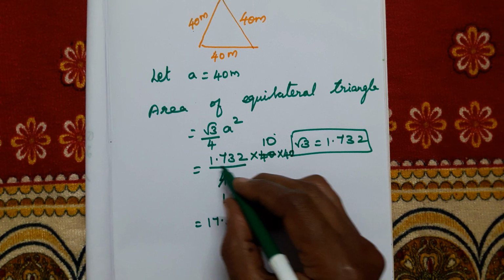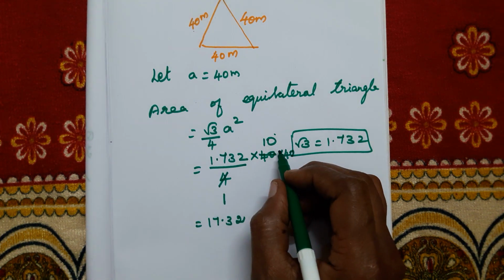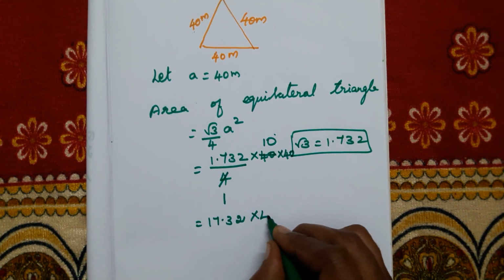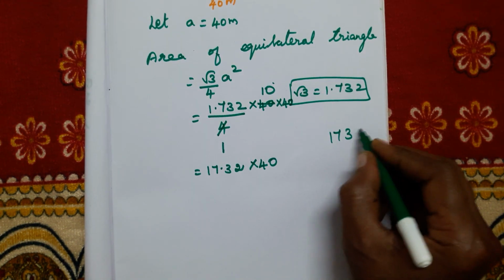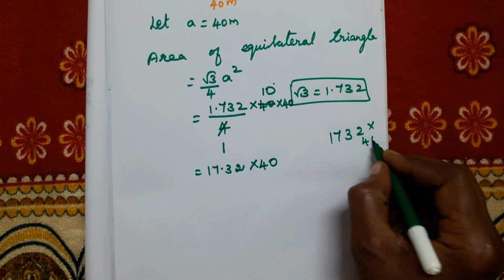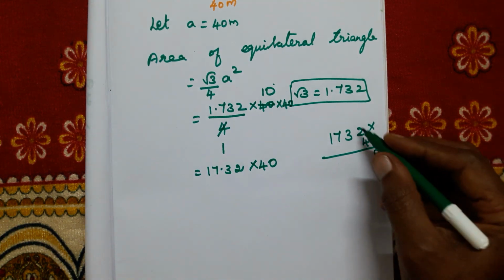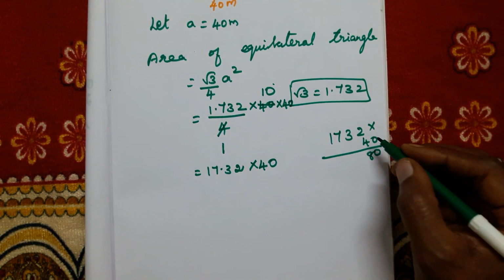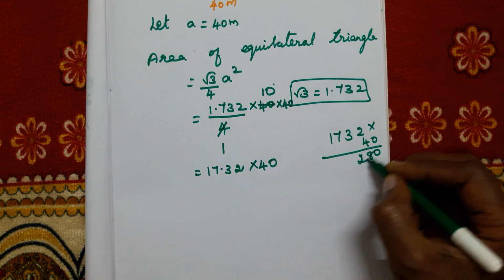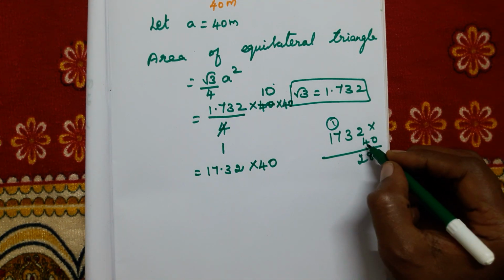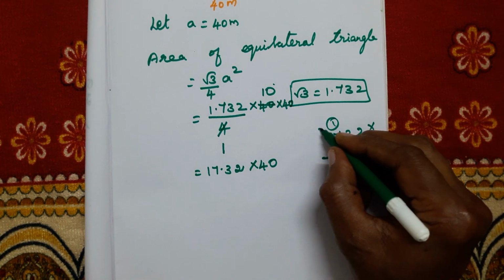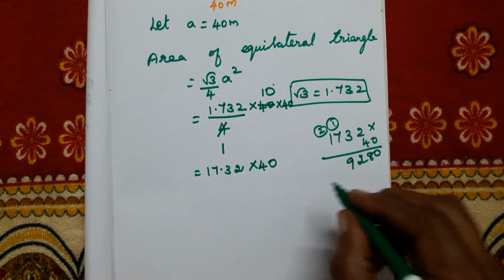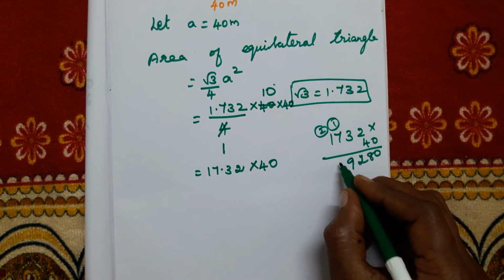So 17.32 into 40. 0, 4 2s are 8, 4 3s are 12, 1 balance, 7 4s are 28 plus 1, 29, 2 balance, 1 4 is 4, 4 plus 2, 6.